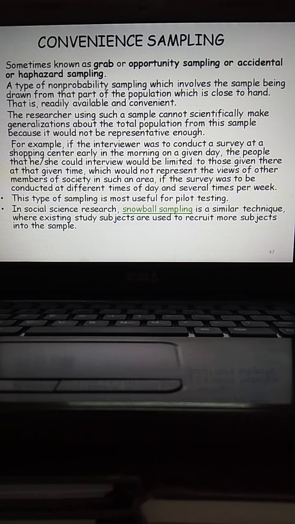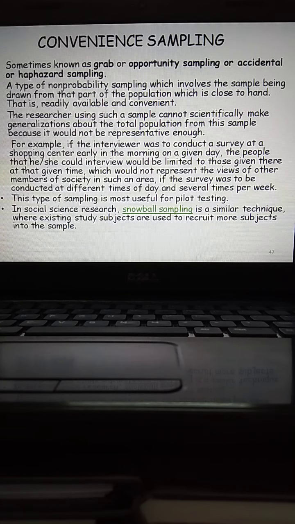Now here, close to hand does not mean reachable by hand. The thing is, some kind of conditions are specified. If the units satisfy them, those units are going to be picked up as the sampling units.